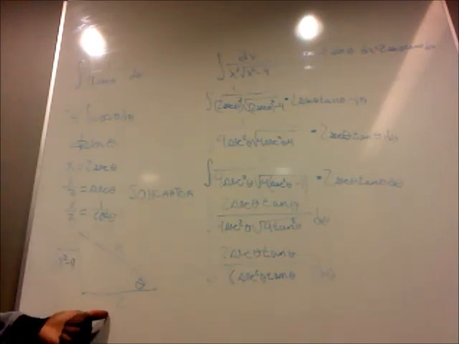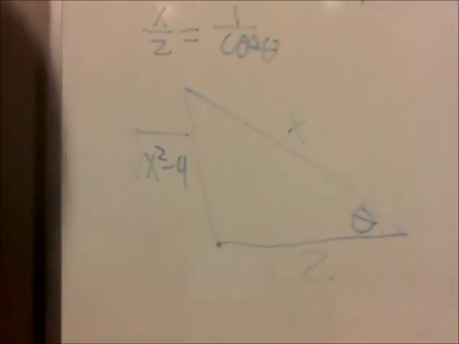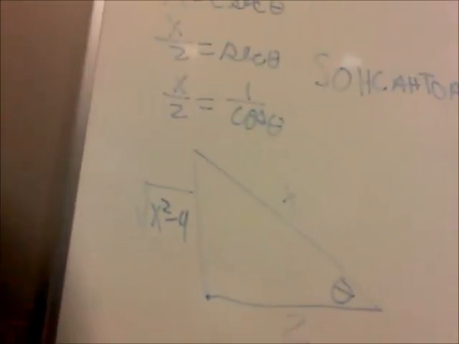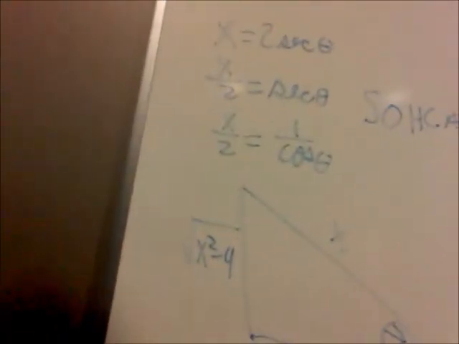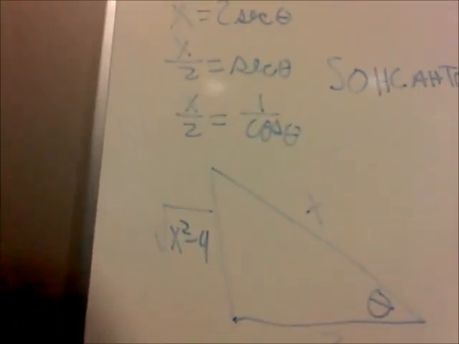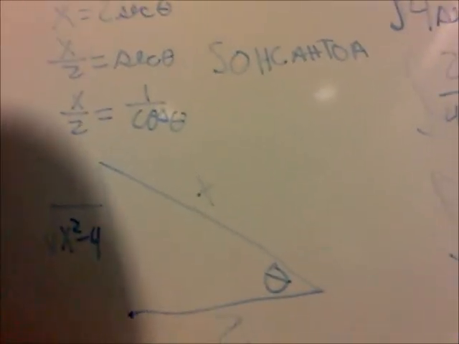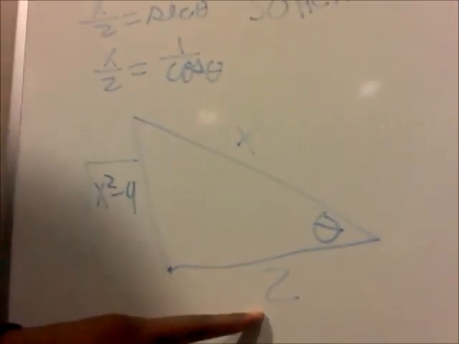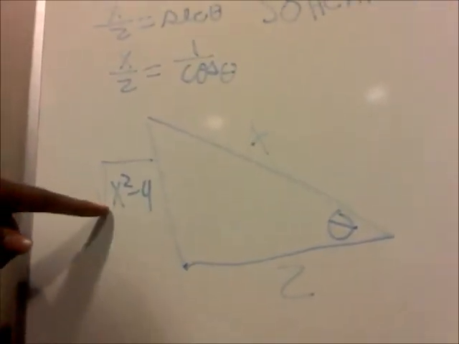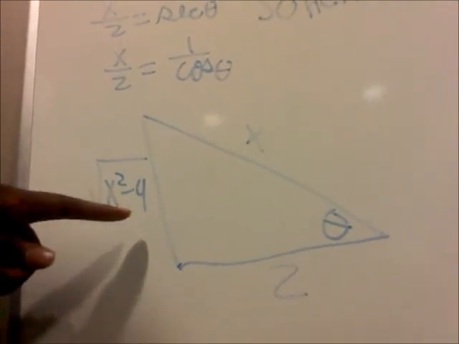Because if you square the 2, you'll get 4, and if you square this, you'll get x squared minus 4.